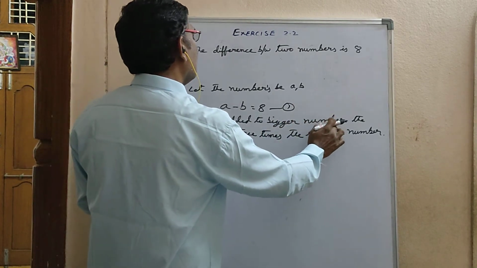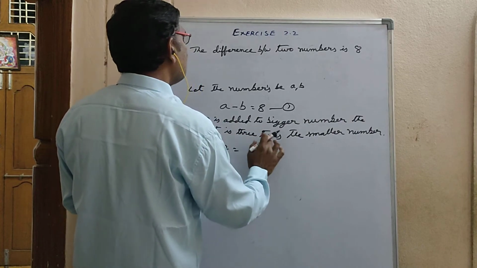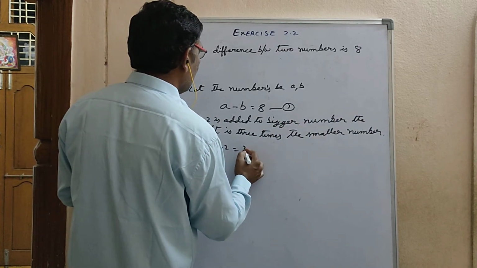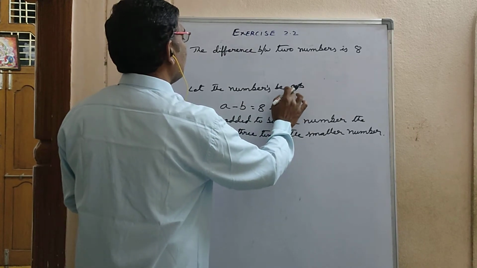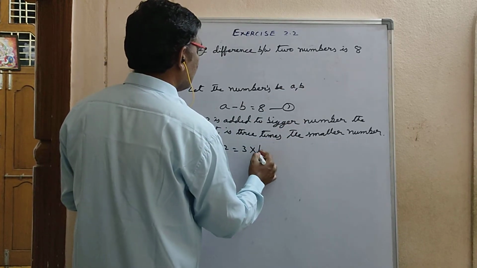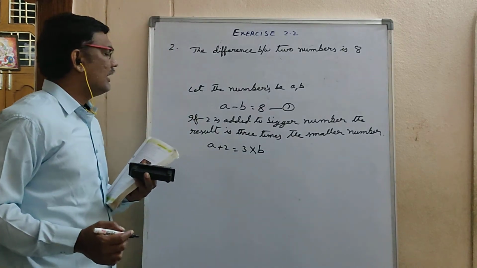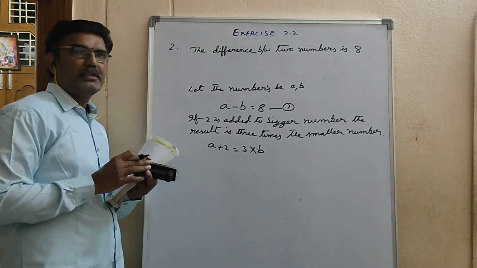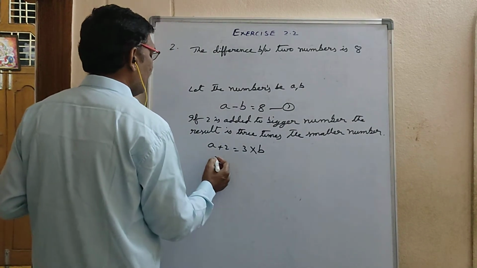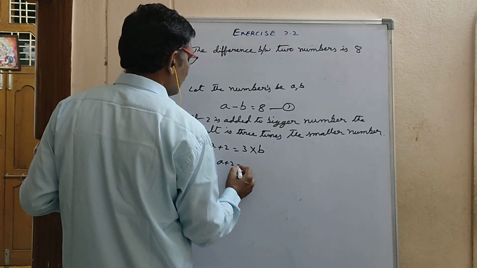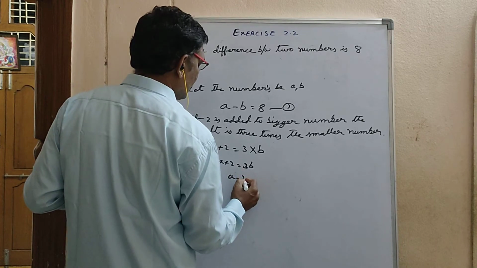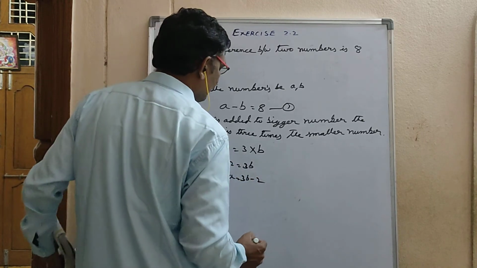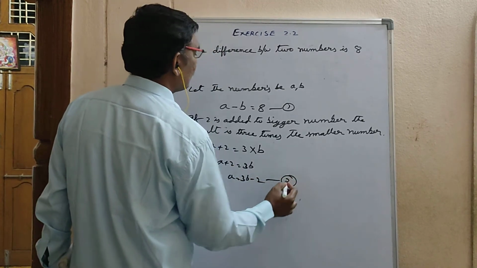The result is 3 times the smaller one. Times means into. What is the smaller one in these two numbers? A is bigger means B is smaller. 3 times the smaller one. So A plus 2 is equal to how much here? 3B. So here A plus 2 is equal to 3 into B, that is 3B. A is equal to how much? 3B minus 2. It is equation number 2.